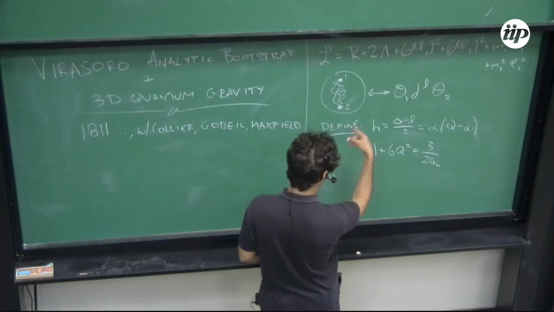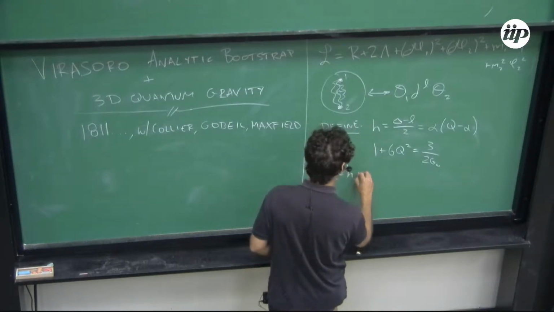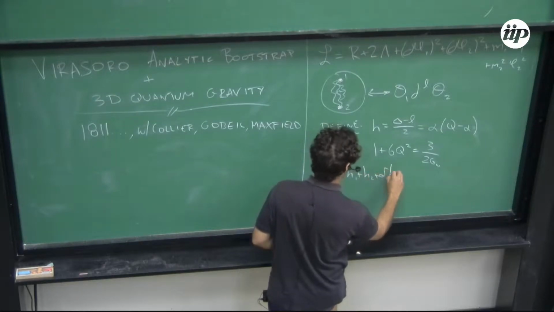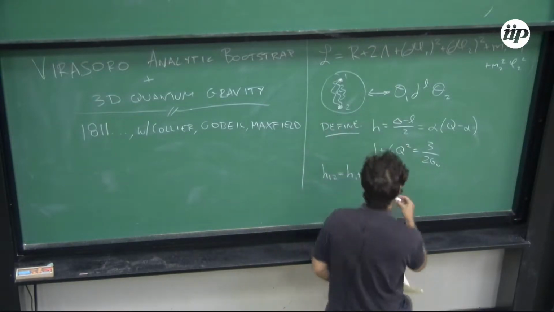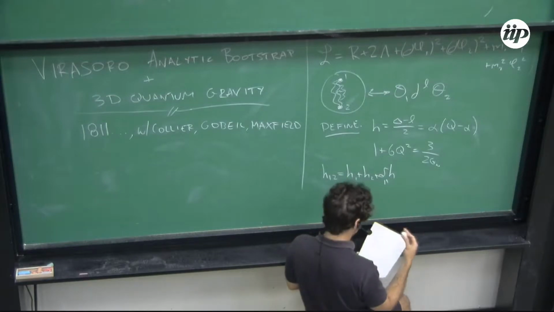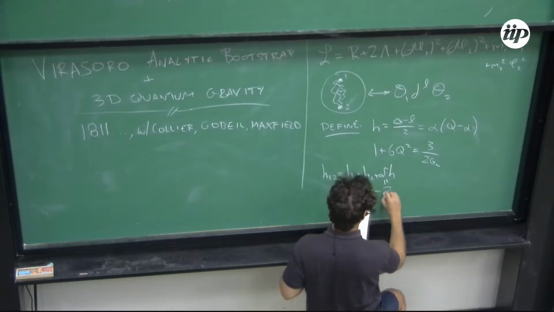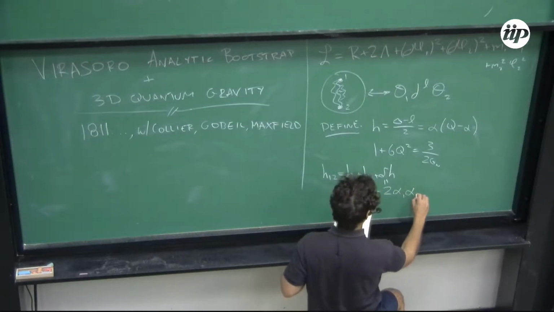The value of h for this 2-particle state is just h1 plus h2 plus delta h. And delta h is what we're trying to compute, and the answer is simply minus 2 alpha 1 alpha 2.